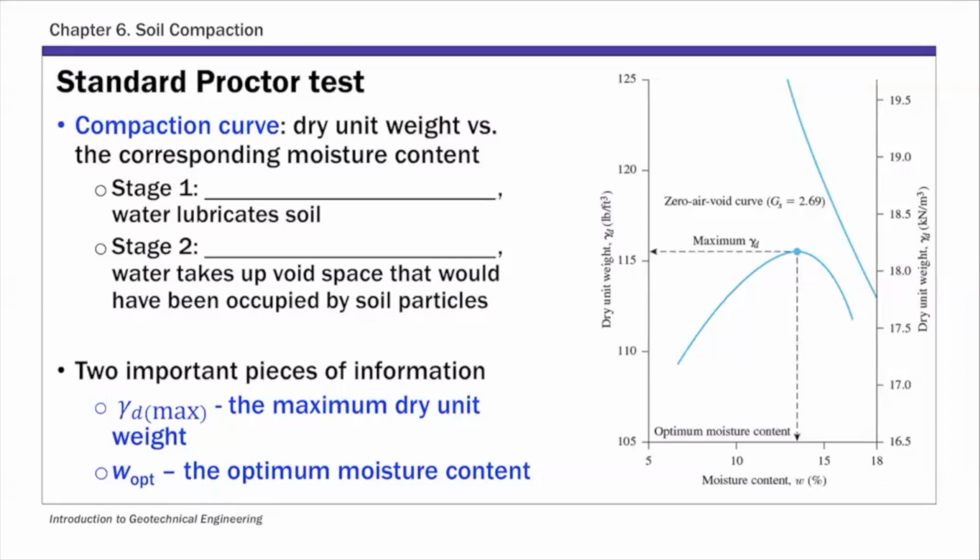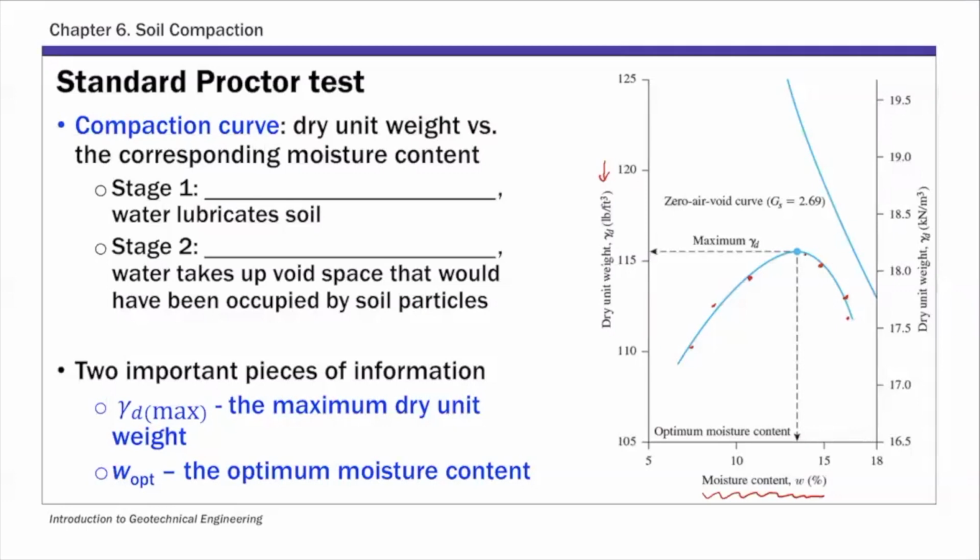On the horizontal axis, you have moisture content, and on the y-axis, you have the dry unit weight. You may have 3, 4, 5 different soil specimens, and those are your data points. Let's say you performed 6 tests, each one with a different moisture content. You connect these points, and you get your compaction curve.